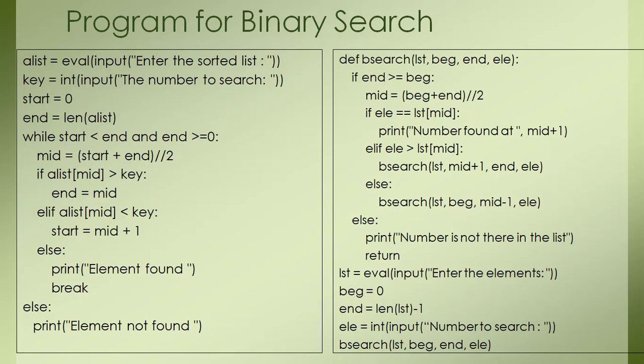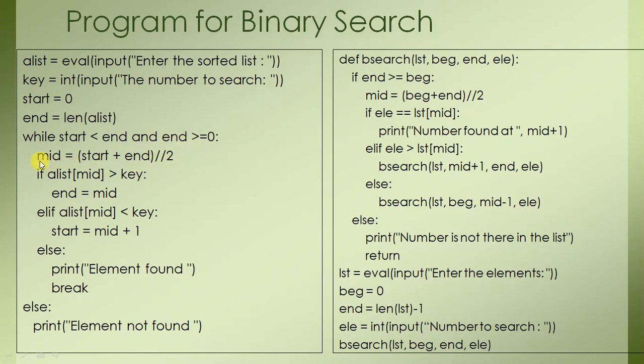You should stop when end is less than start, and you should also check that this end should also be greater than or equal to 0. Okay, if end is less than 0, that means you have finished the list, there are no more elements in the list to search. Okay, so you will come to this stage when your element is not found in the list.